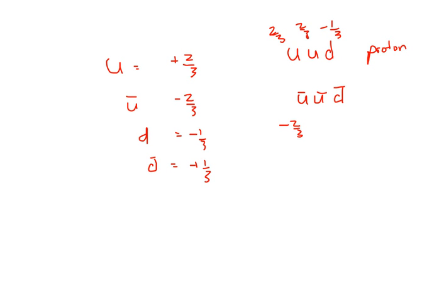A second anti-up would be a negative 2/3. And an anti-down would be a positive 1/3. What sort of charge will this thing have when it's done? If it has a negative 2/3, a negative 2/3, and a 1/3, negative 1. What is this particle, though?